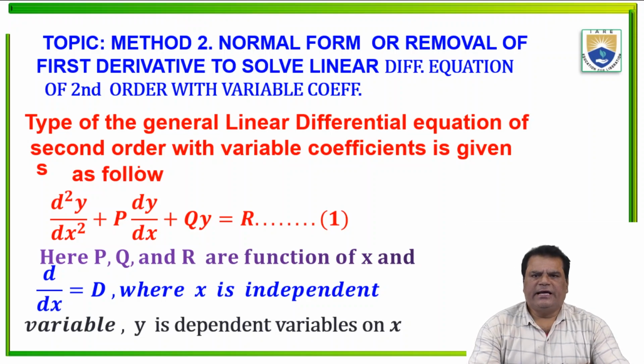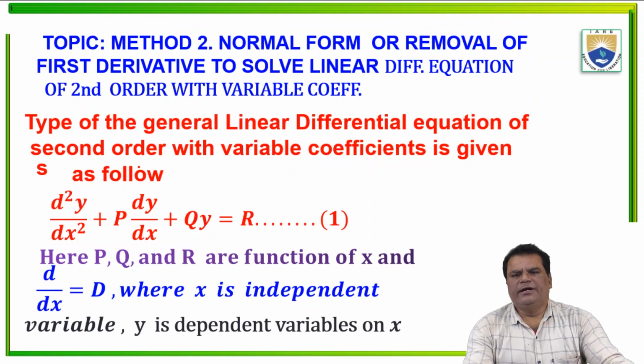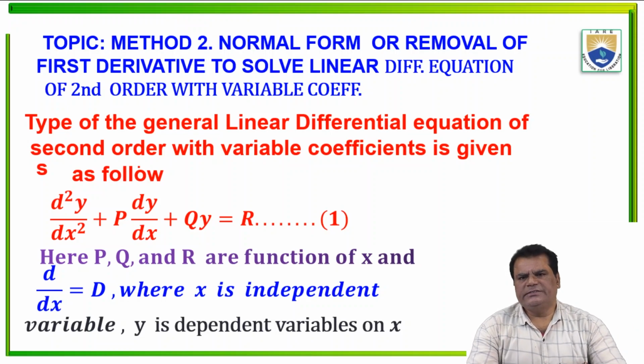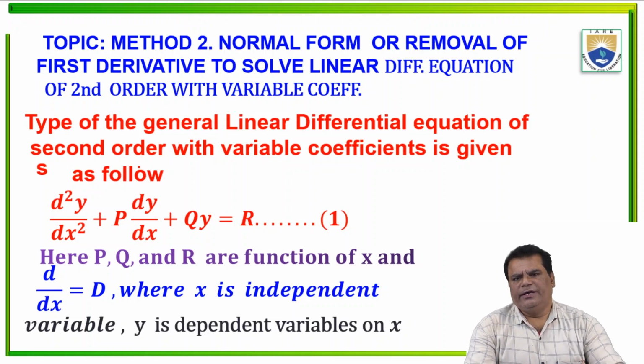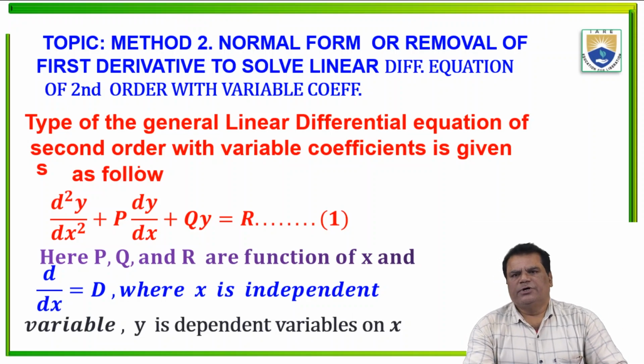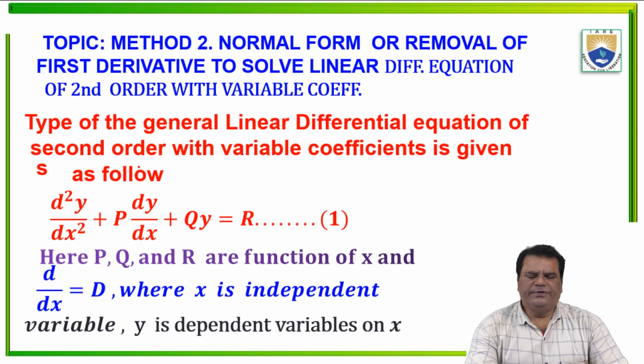I want to discuss a general type of linear differential equation of second order with variable coefficient. In the first method we also discussed the general linear differential equation of second order with variable coefficient. So here the general type is given as below.